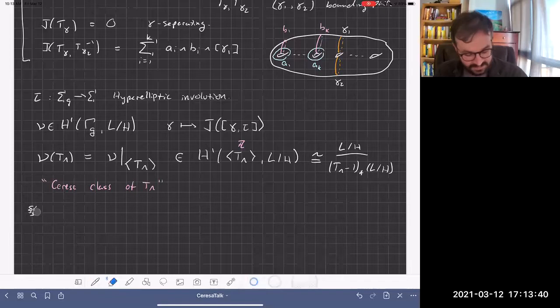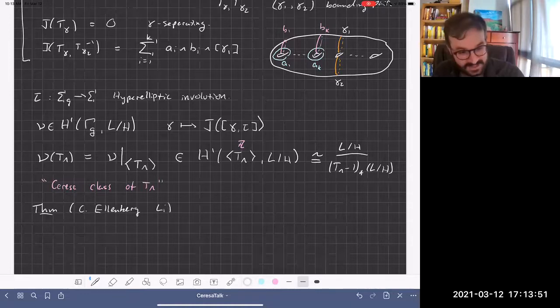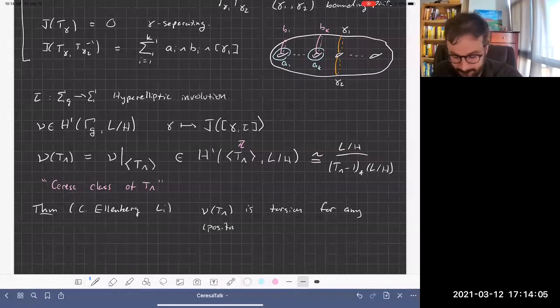Oh wait, sorry, before that, let me state the theorem. So the theorem that we proved is that nu of T gamma is torsion for any, I should say, positive multi-twist T lambda.